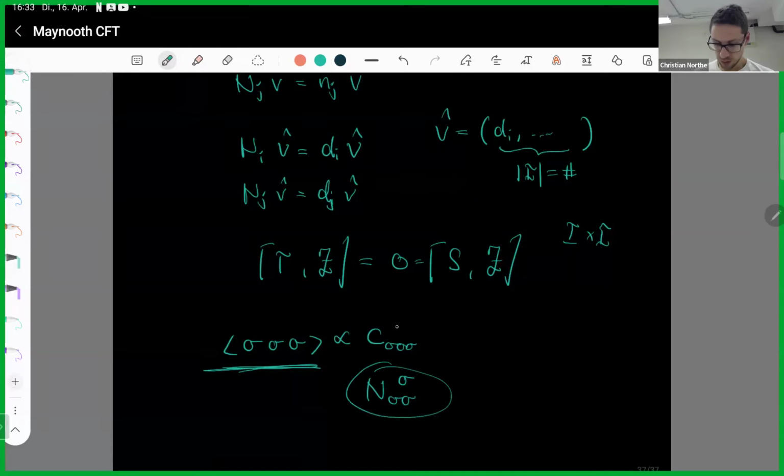You really want to know what this number is. It will turn out for many purposes that you will see in my lecture that the fusion structure is sufficient to know which representations appear in the first place. You don't need to know the interaction strength, but then again, there are many important physical problems where you need to know the interaction strength. I see. Thank you.